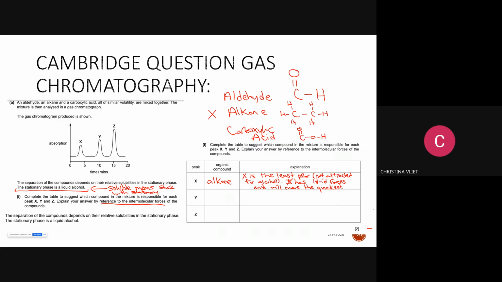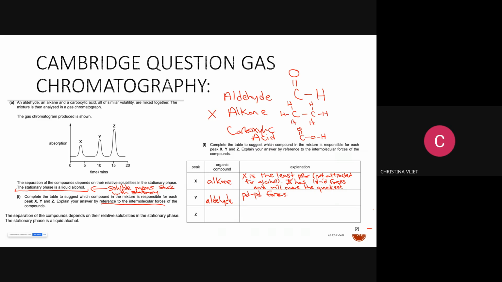The aldehyde. And the only reason you have to say is PD forces, literally in your explanation. That gives you the mark. So I'm just going to say the minimum now, because I did a full explanation for the first one.